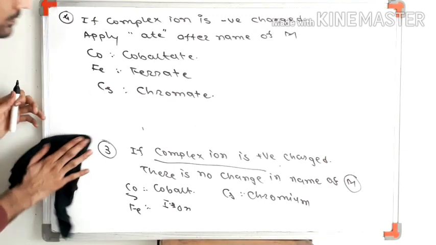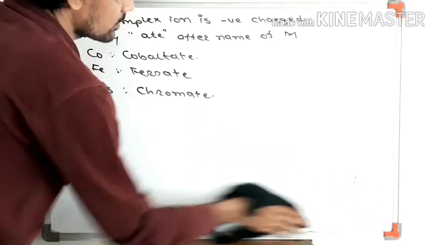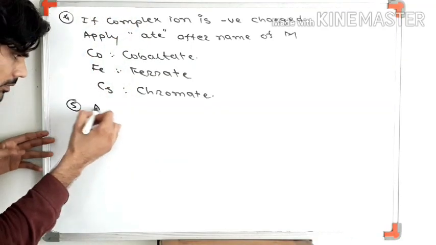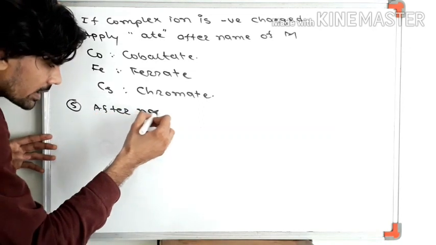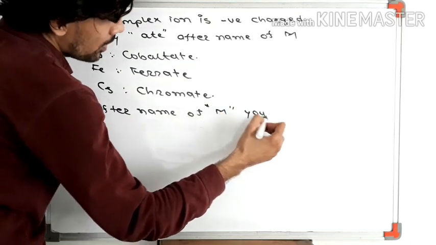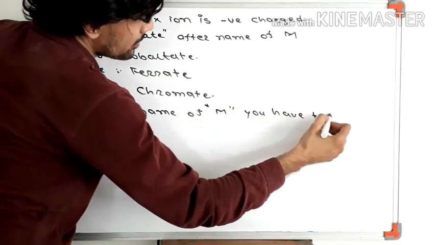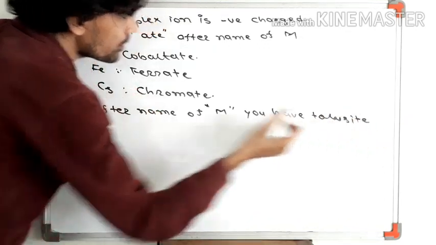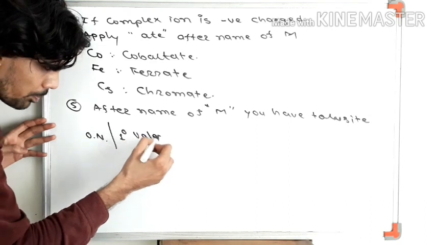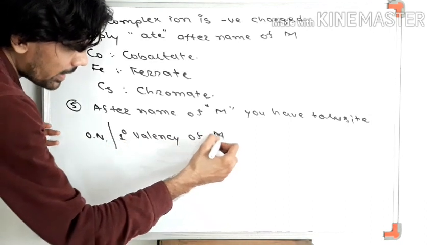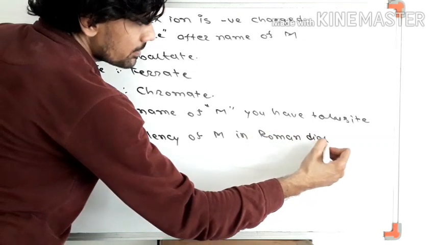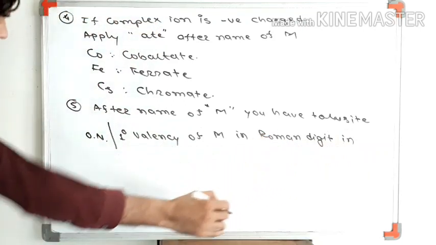The next one is, after name of metal ion, you have to write oxidation number or primary valency of metal ion in Roman digit in small bracket.